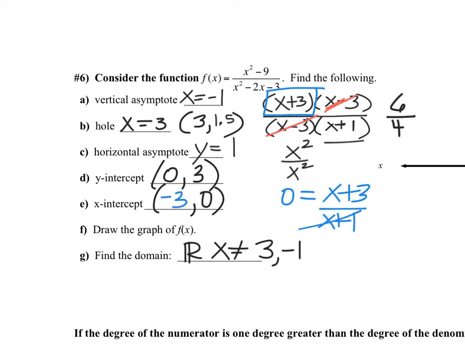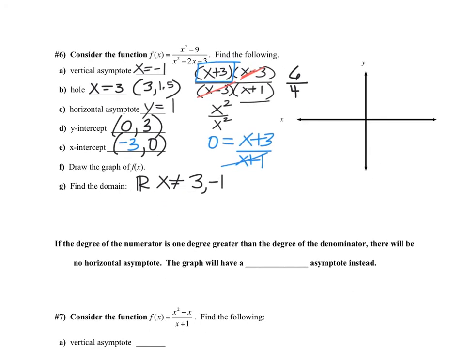Okay, we're ready. Are you ready? First of all, graph the vertical asymptote and the horizontal asymptote. So I'm going to go to x equals negative 1. There's the vertical asymptote. y equals positive 1. And there's the horizontal asymptote. Then I'm going to graph the hole in the graph. Here's how you graph the hole.